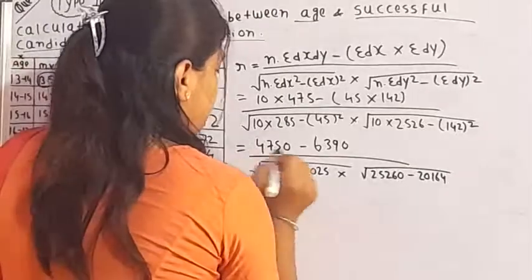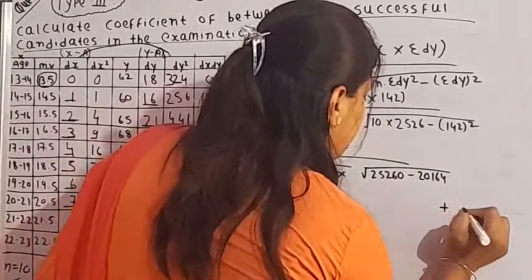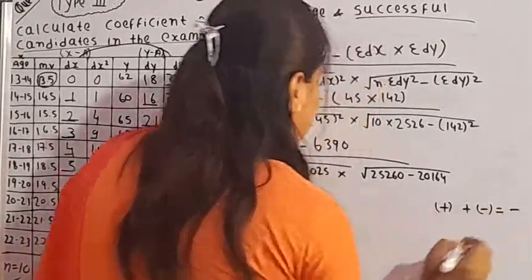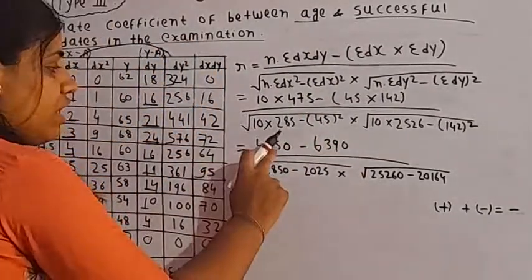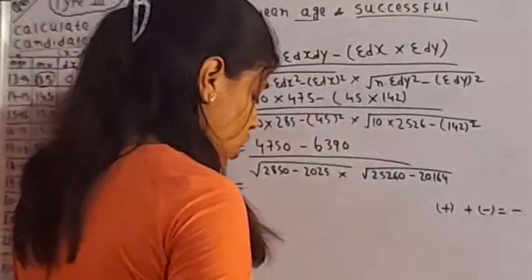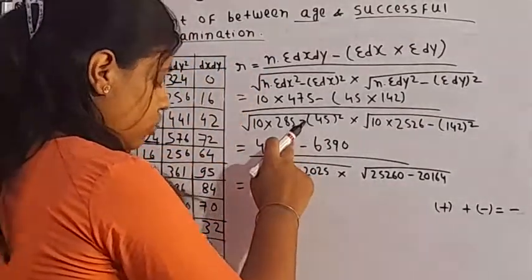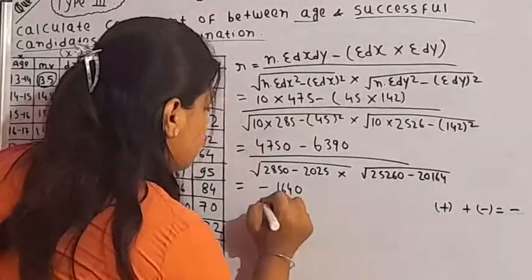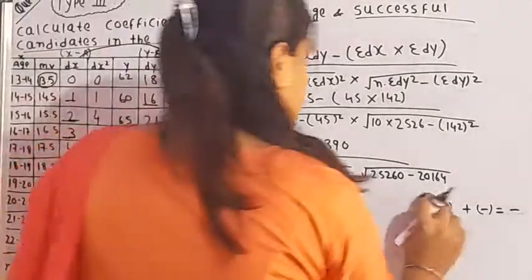Because this is plus, this is minus, and the sign of the bigger number is what we take. That is why 4750 minus 6390 would be 1640, and the sign of the big number is minus. That is why it would be minus 1640. Okay, so this way I have told you how minus 1640 has come.